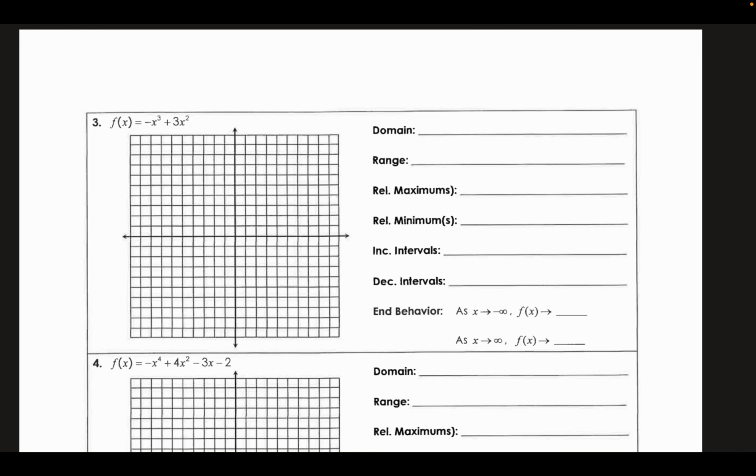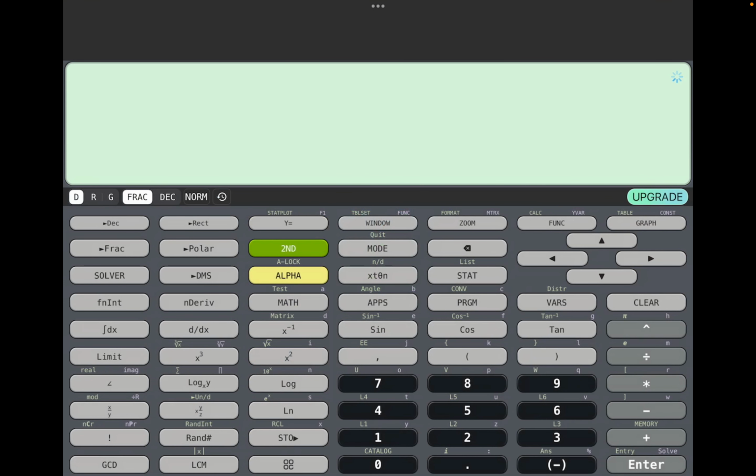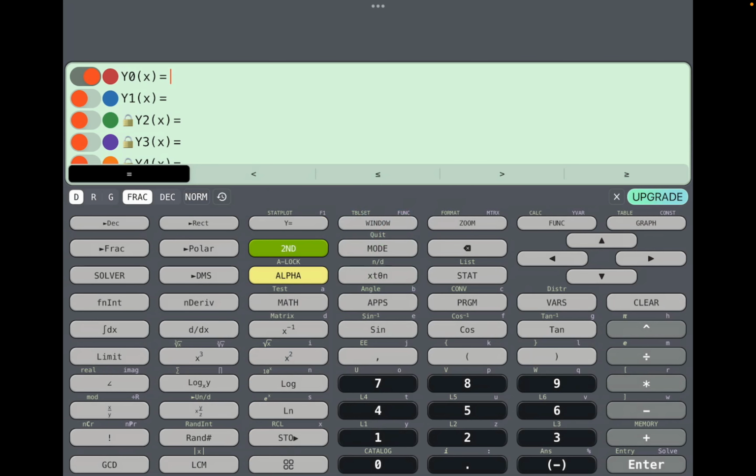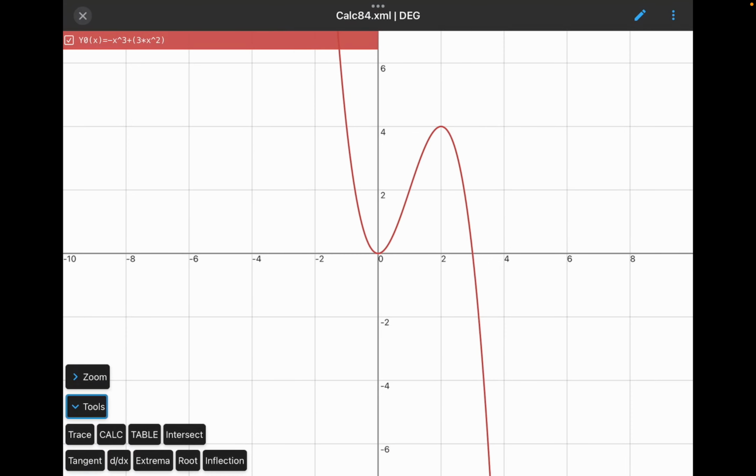Moving on to example 3 here. We're going to go ahead and plug this in to our graphing calculator as well. We have negative x to the third plus 3x squared. And this is our graph, and I'm going to go ahead and zoom standard. There we go.